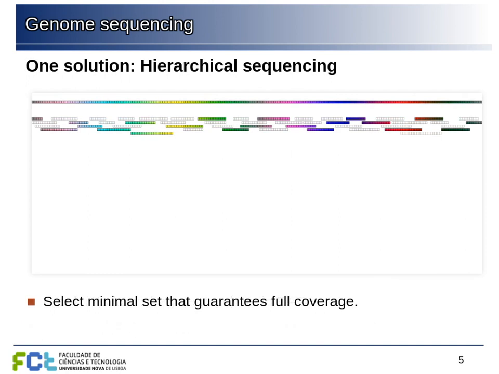And so from this we can create a minimum set of these large fragments that guarantees that we cover the complete sequence of the genome. And now we need to sequence each of these large fragments.